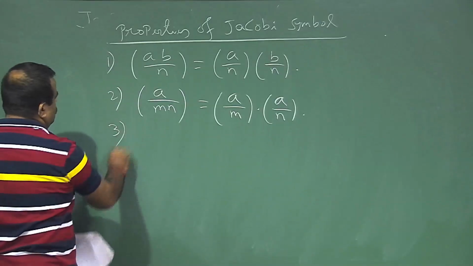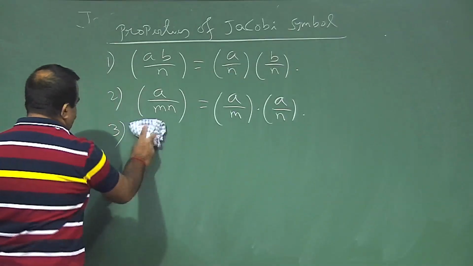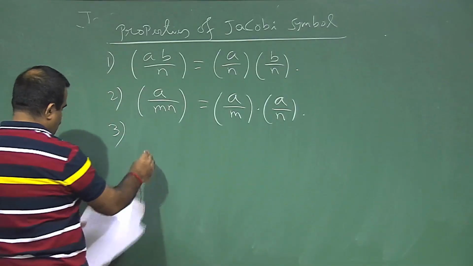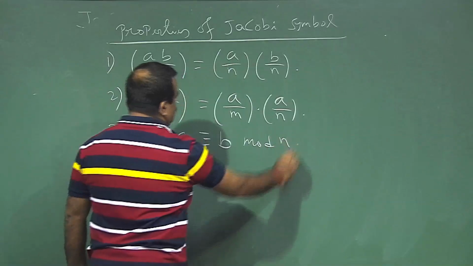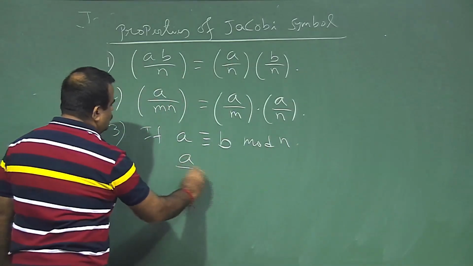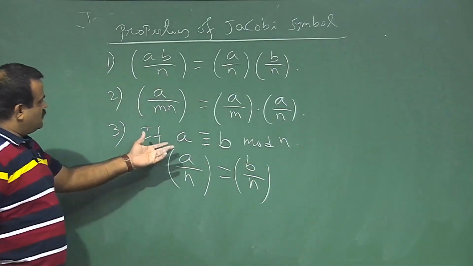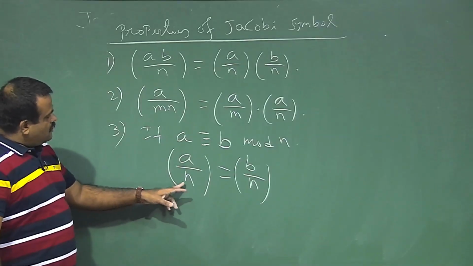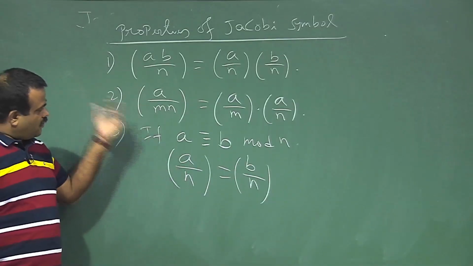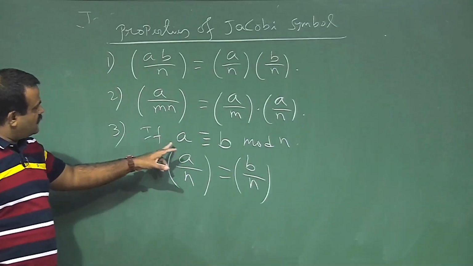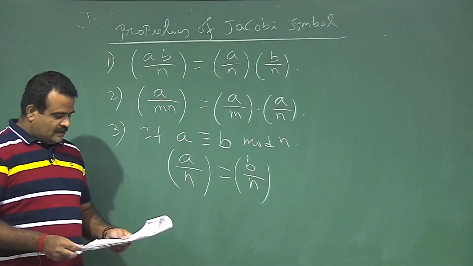And if a is congruent to b mod n, then (a/n) is equal to (b/n). A similar proof can be done as when n is prime. That proof comes from Euler's criterion, but this can easily be proved: if a is congruent to b mod n, then (a/n) is equal to (b/n).